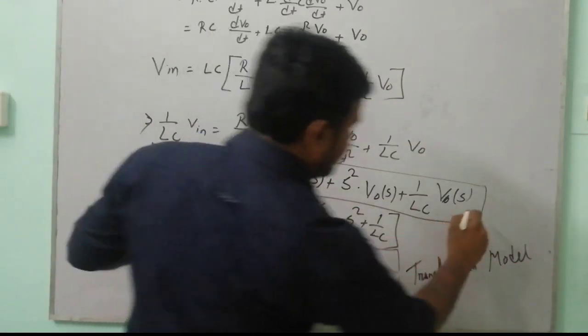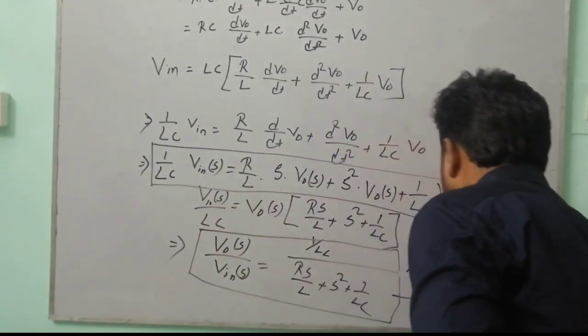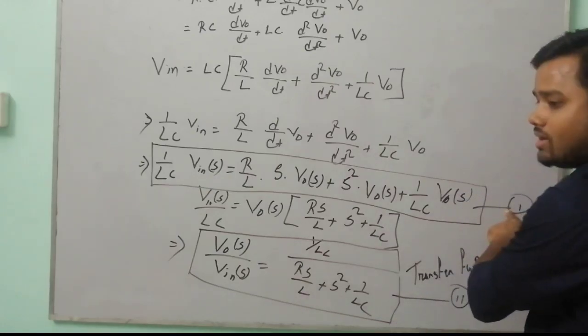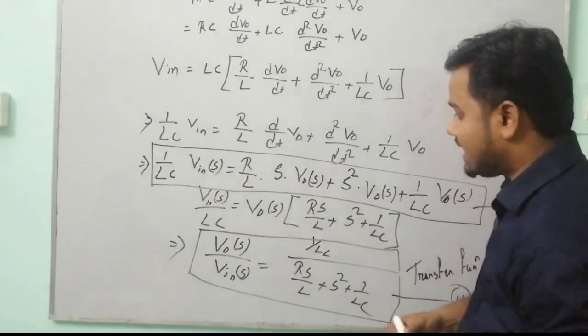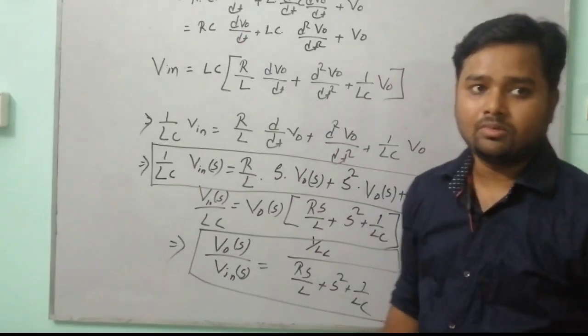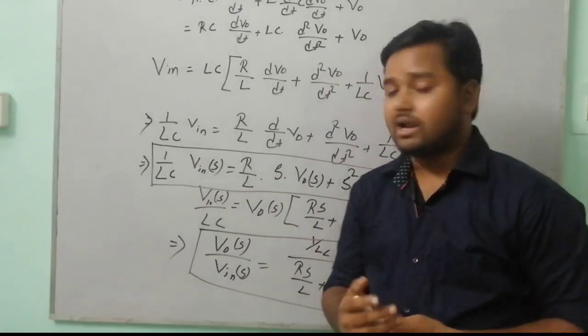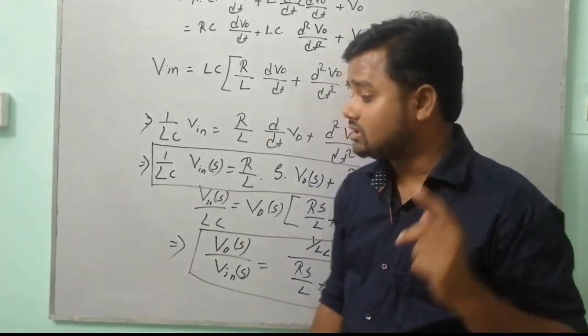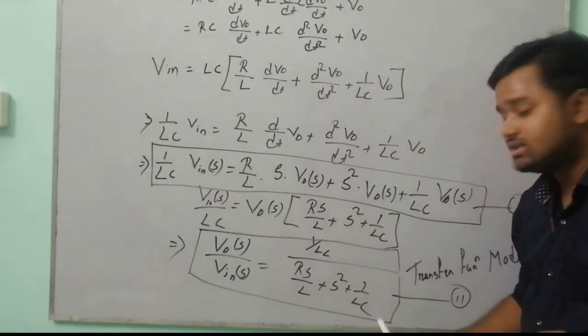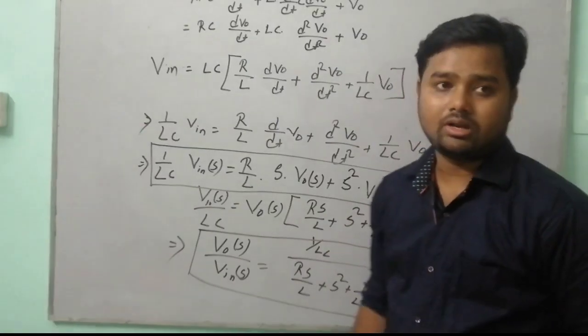This is equation 1 and this is equation 2. Equation 1 was the differential equation model of the control system and equation 2 is the transfer function model of the control system. Okay, today's class is over, and today we have studied two models of control system. One is the differential equation model, one is the transfer function model.